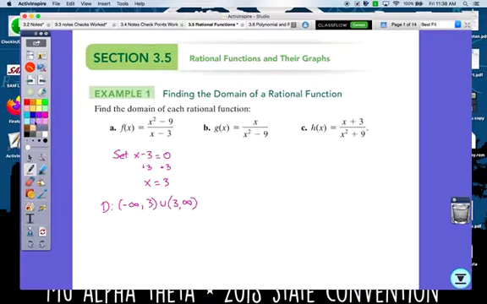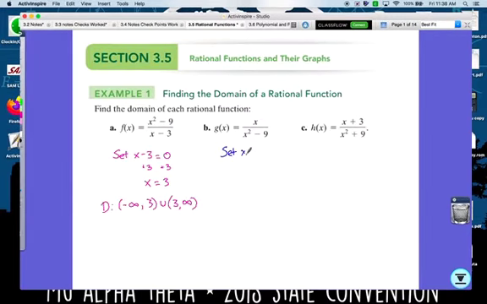If you look at the second one there, you set the bottom equal to 0. You can either factor this into x plus 3, x minus 3 is equal to 0, or you could bring the 9 over and say x squared is equal to 9.